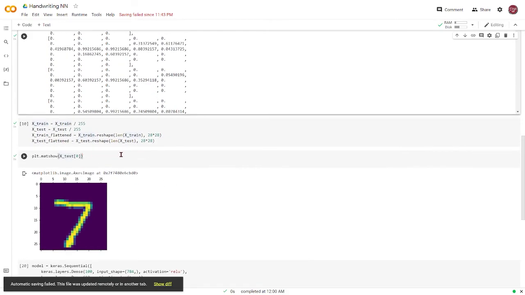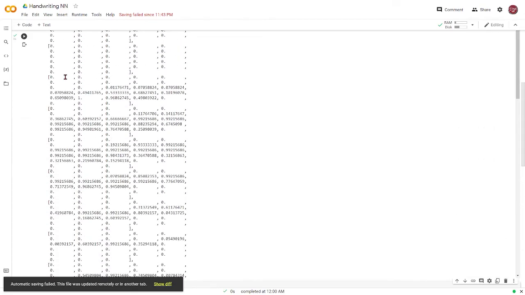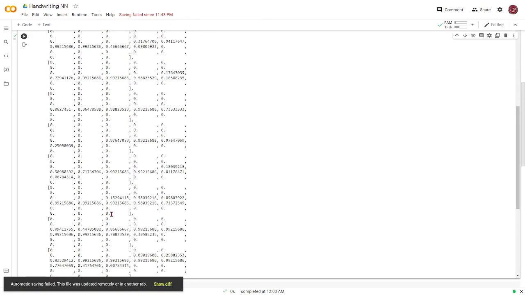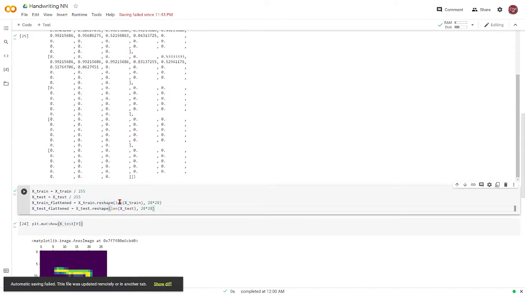So what we want to do is go ahead and flatten this training set, this 2D array, into a 1D array. And we can do that by reshaping it to be the length of this training data set, which is basically the original data set divided by the number of pixels.